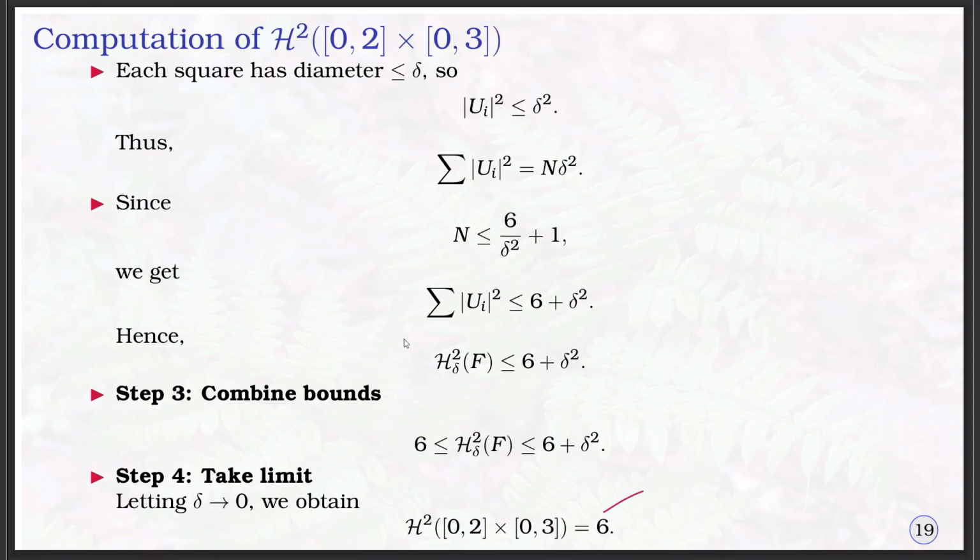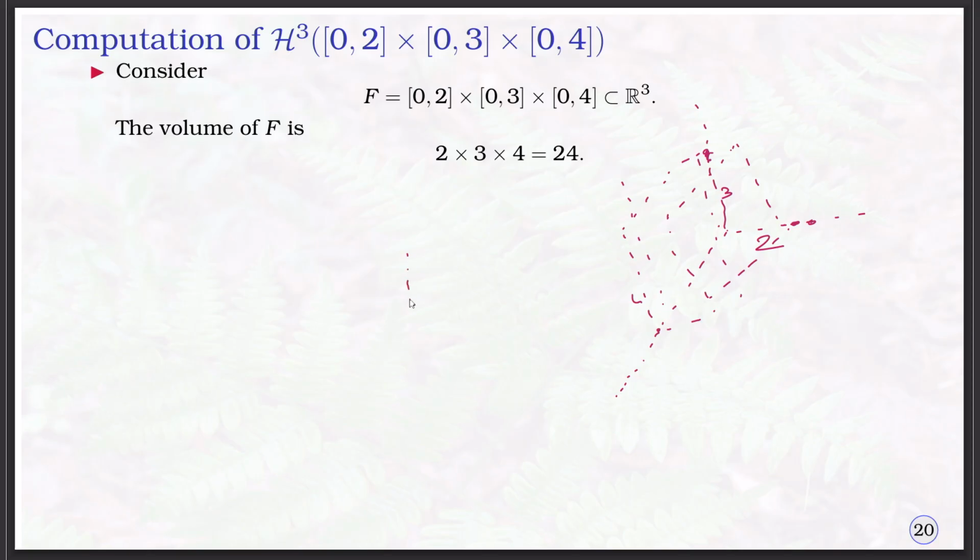That means if you draw it separately, you draw the cube like this one. So the x axis has the length 2, the y axis has the length 3, then this has 4. Then if you multiply these, we can get the volume of this cube.